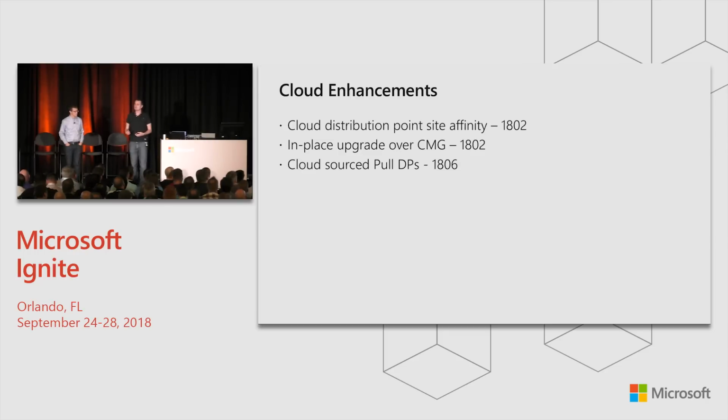Cloud-sourced pull distribution points. We're seeing a number of customers start to look at their cheaper, fatter internet pipes in their branch offices as a valid scenario for managing their devices. Previously relying on very small, expensive WAN links, they now have very cheap, fast internet pipes also going into those locations.